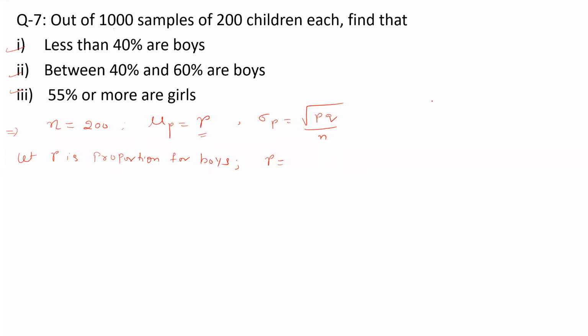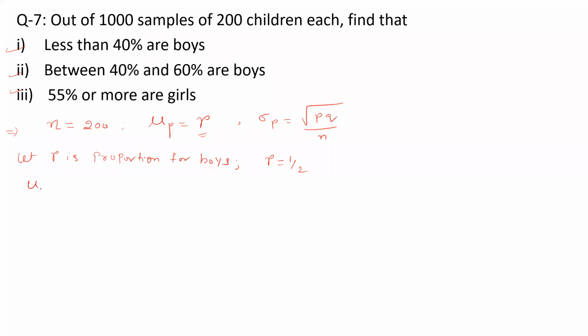You have only two options, either boy or girl. So probability of each will be 1 by 2. So proportion of getting a boy is half, because you have only two possible options, either boy or girl. So proportion will be 1 by 2.